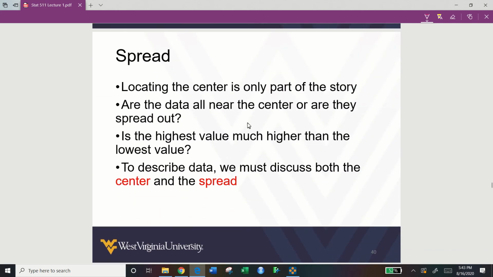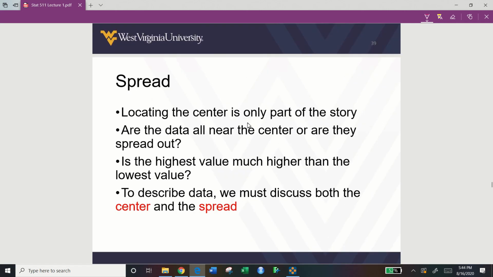Now, what also can be a big factor for us is not just how something measures in its center, but also how our data is spread out. So we do care about the spread. Meaning, is our data going to be located all towards the center? Is it something that is symmetric where pretty much all the values are clustered at one point and then there's a little bit on either side of our cluster, or is our data more flatlined?